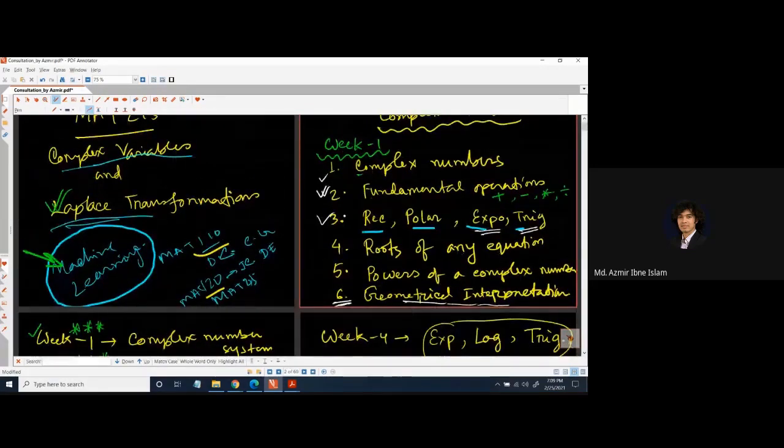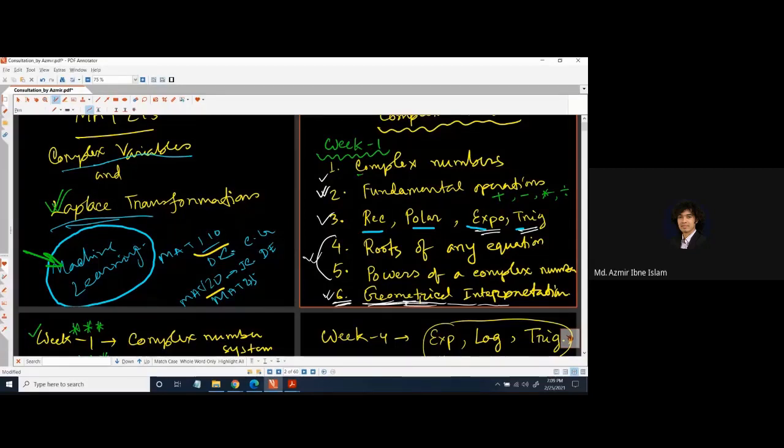Now come to the point of how we can find roots and powers. Already you have learned the geometrical interpretation of a complex number, how we can locate a complex number, the interpretation of addition, and the interpretation of the complex conjugate. Addition is a parallelogram, and the complex conjugate is a reflection about the x-axis.